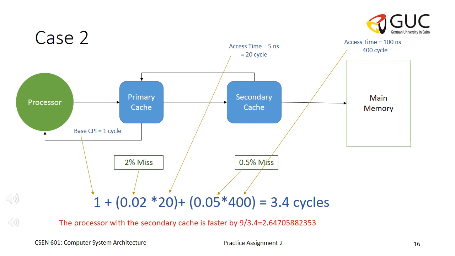The third port is where we don't find the data in the primary cache, nor in the secondary cache. So we will have to go to the main memory, which has all the data.